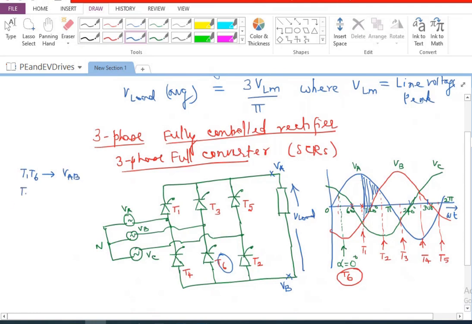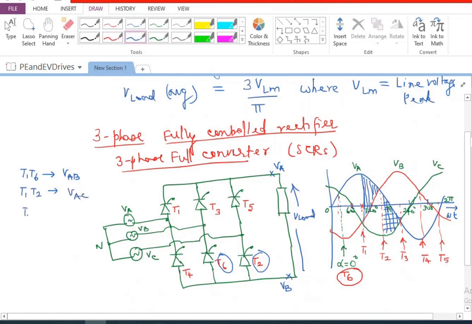Whereas when T1 and T2 are conducting, T2 is connected to C phase. So between VA and VC, whatever is the voltage, that will come up during this T1 and T2 conduction period. So that is going to be VAC.